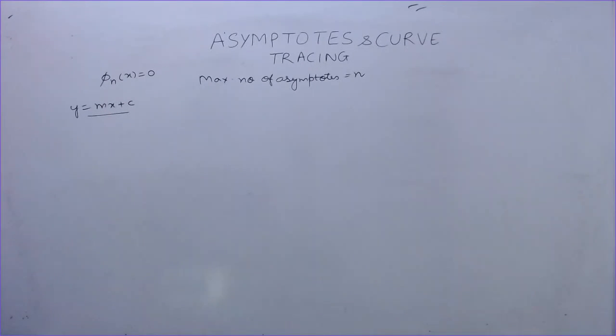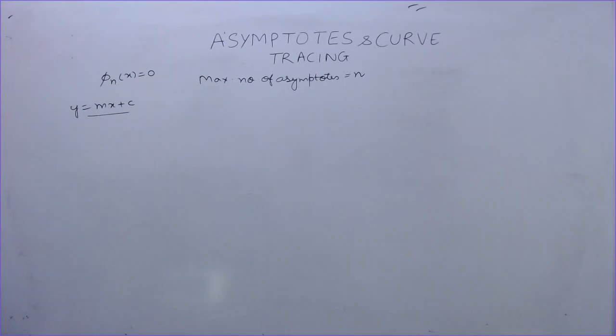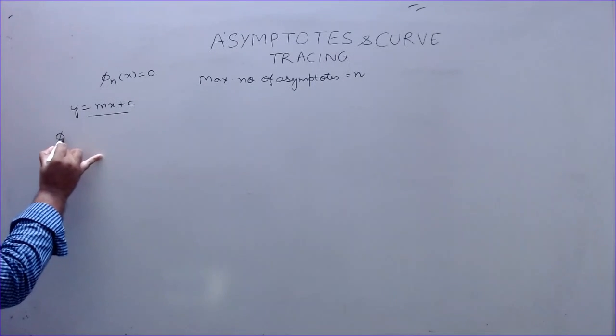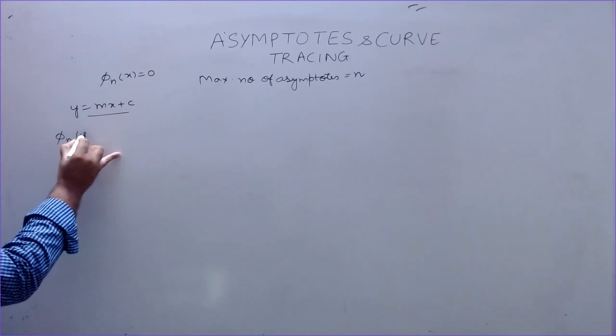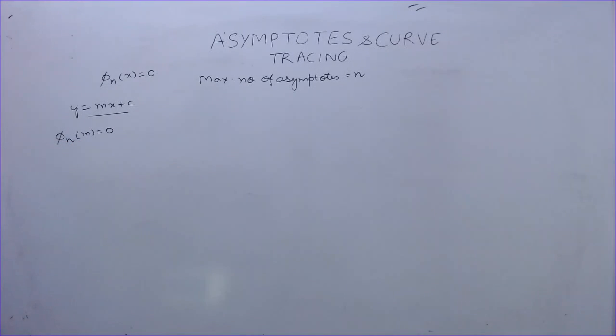You put y equal to m and x equal to 1 in the polynomial phi n of x, y equal to 0, and from this we will get the values of m. So the value of m is given by phi n of m equal to 0. This will give you the value of m, and for this we will calculate the value of c.